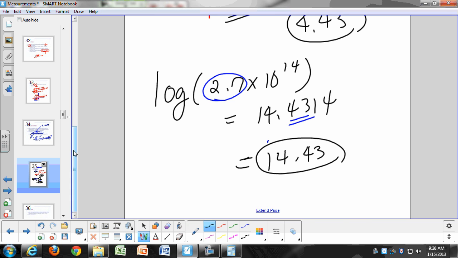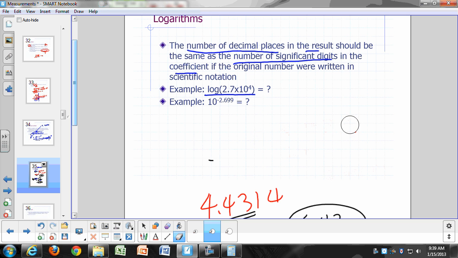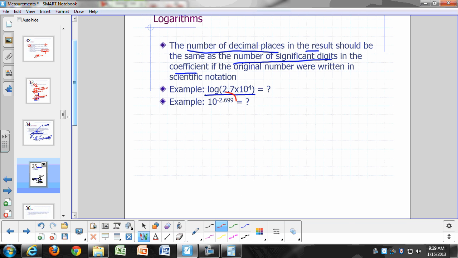Alright. Now, what if we did the reverse? We were to take the antilog. If you were to do the reverse, then the number of decimal places in the number you're starting with should be the same as the number of significant figures in the answer. So here, the antilog of negative 2.699.